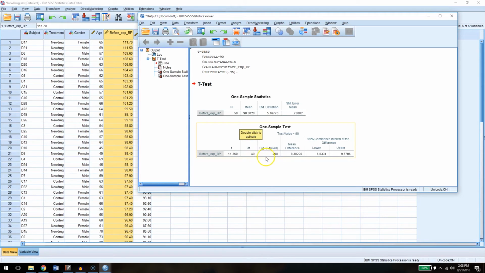And here we see our significance level. Now this is the p-value, the actual p-value. What you can see here is it's so small that it can't even show us any of the numbers. It's less than 0.001. So if we were to use a t-table, we could look up what the cutoff level would be for p equal to 0.01, let's say, and this t-value is definitely way bigger than that.